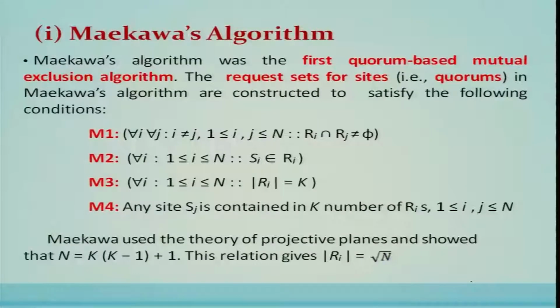Maekawa's algorithm was the first quorum-based mutual exclusion algorithm. The request sets for the sites, that is called the quorums, in Maekawa's algorithm are constructed to satisfy the following 4 conditions. The M1 condition says that the intersection of the request sets of any 2 processes or any 2 sites is not null, that is the intersection property.